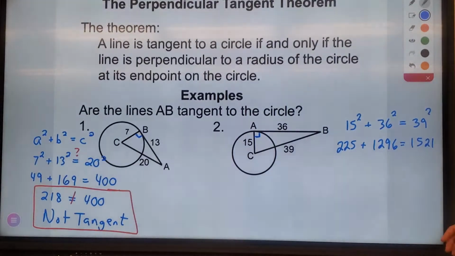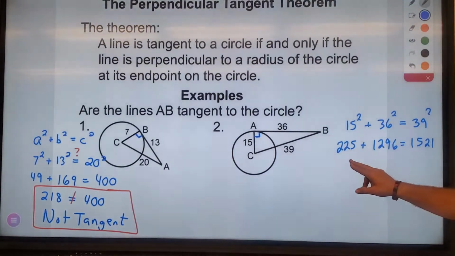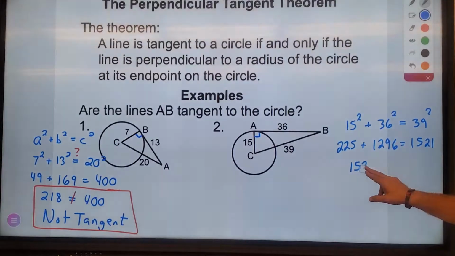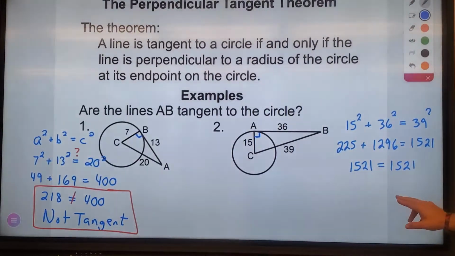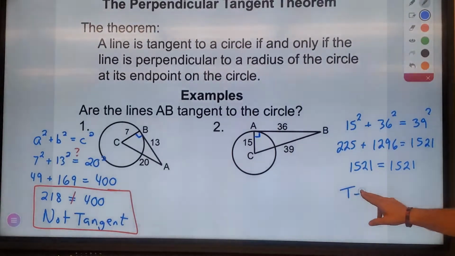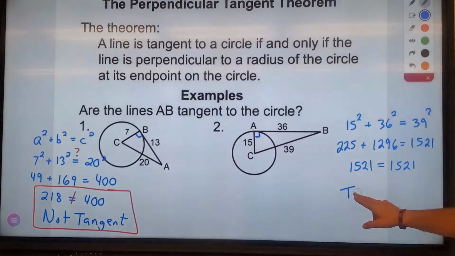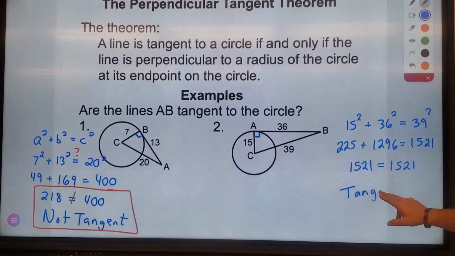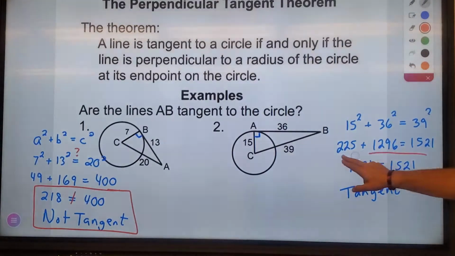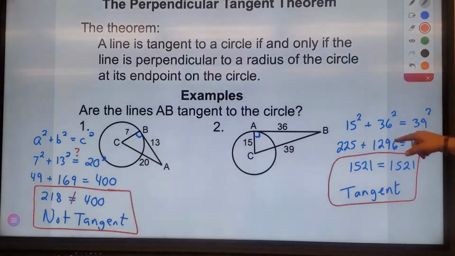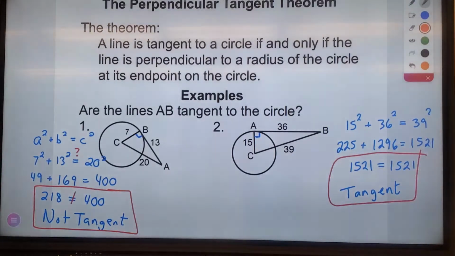And when I simplify the left-hand side and add these together, I do get 1,521 equal to 1,521. That means that these are in fact tangent. So my explanation is this work here, and then the word tangent seals the deal.